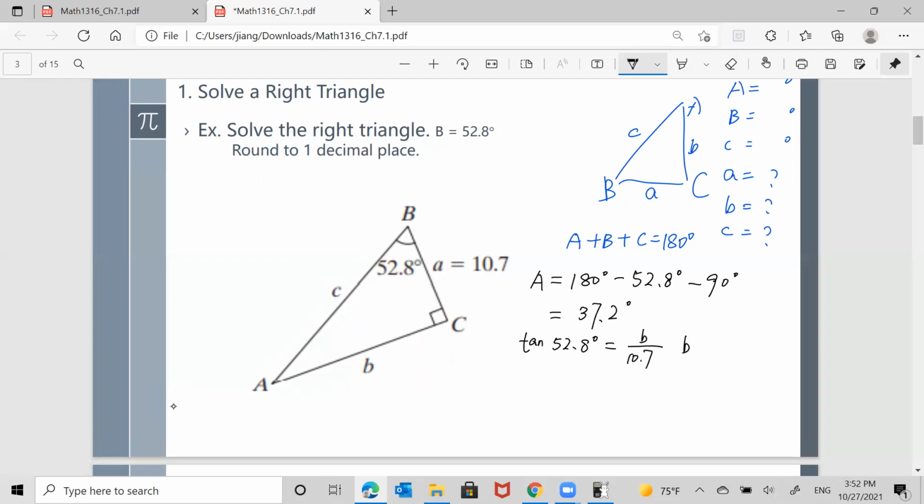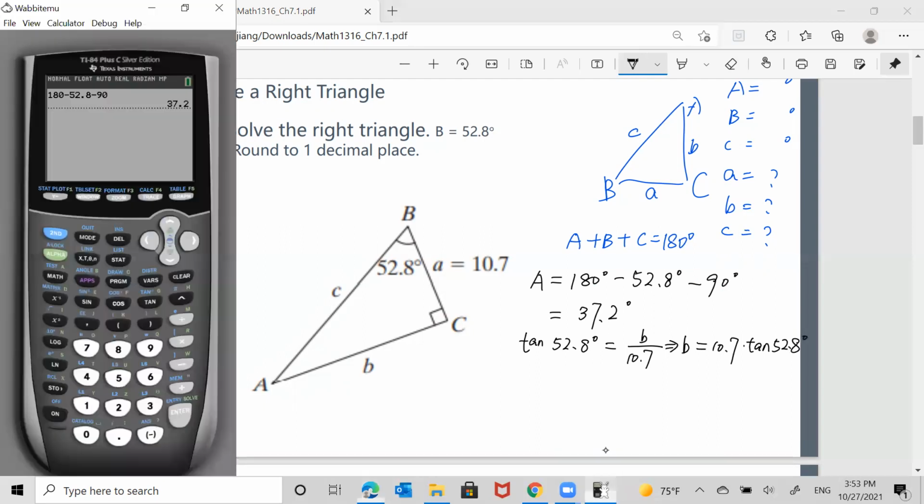That means b equals 10.7 times tangent 52.8 degrees. We use our calculator. First set up our mode in degree, because here it is degrees. Highlight degree and click enter, and then quit.